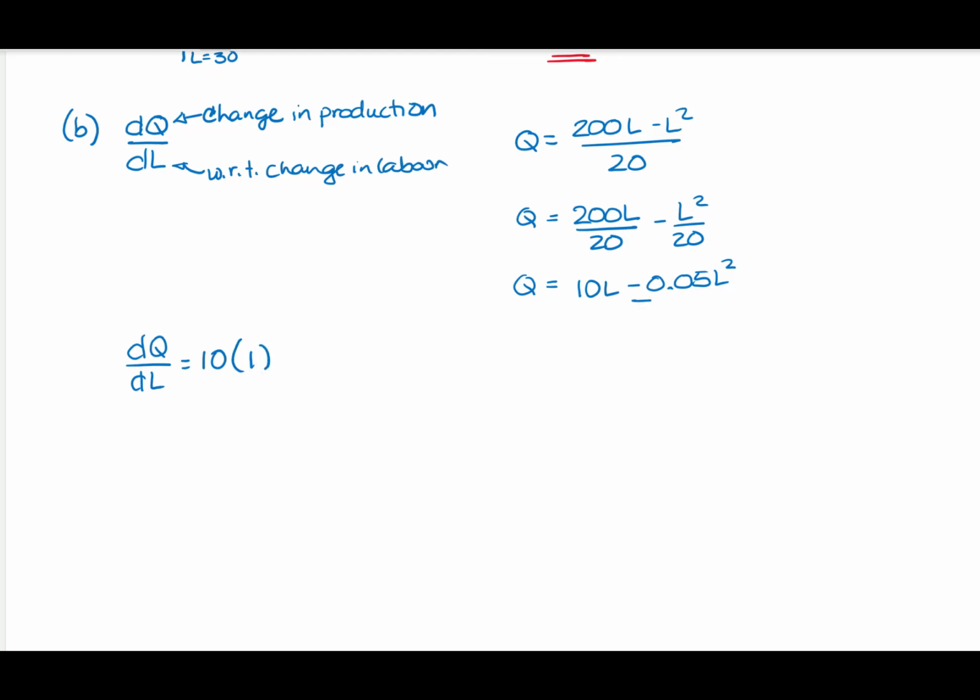And then I'm going to do my second term here. Negative 0.05 is my coefficient. It just goes along for the ride. And then I do the derivative of L squared, which is 2L. Cleaning this up, I get 10 minus 0.1L. And that's my derivative dQ by dL.